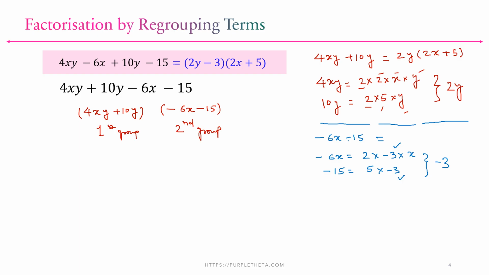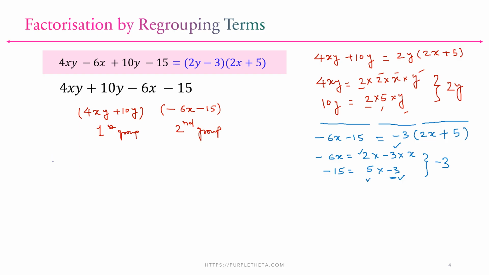From the first term we have 2x left, and from the second term only 5 is left. So minus 6x minus 15 is minus 3 in the bracket 2x plus 5.